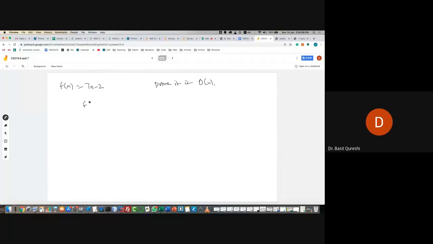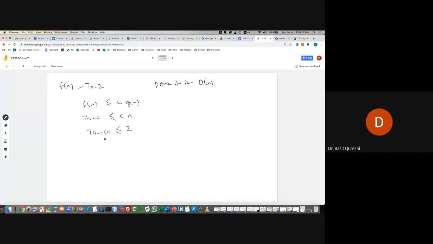Same thing. f of n is less than or equal to c g of n. So simply substitute the value, c times n. Let's try to solve this. So what I'll do is I'll flip these values. So I'm going to have 7n minus cn is less than or equal to 2.